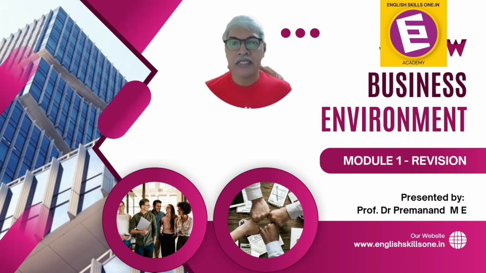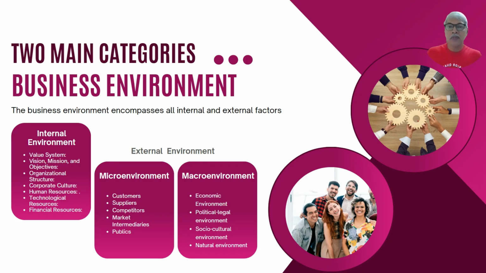Let's see the revision in this business environment. Now, the questions that could possibly be asked to you is, one, what are the two main categories of business environment? The two categories would be the internal environment and the external environment.